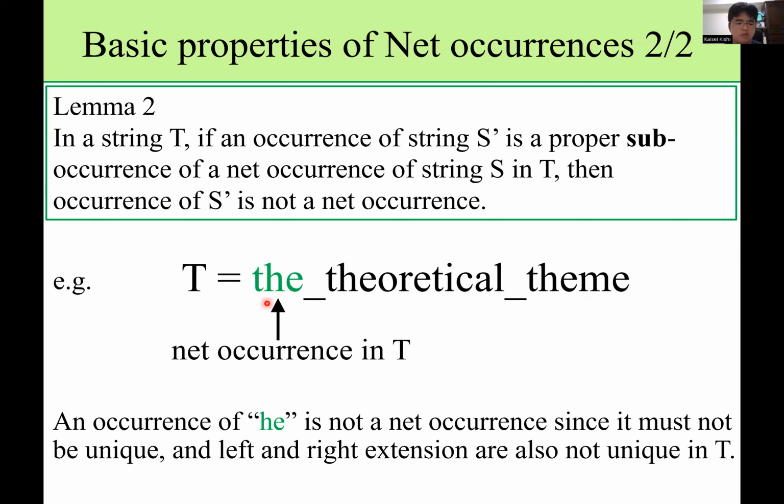But when we see the occurrence of HE, this is not a net occurrence, because HE occurs repeatedly in T, and the right extension or left extension of HE must be repeated in T, because this green THE is a net occurrence in T. Therefore, this occurrence of HE must not be a net occurrence in T.